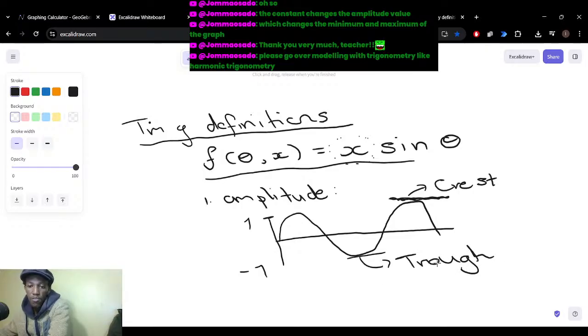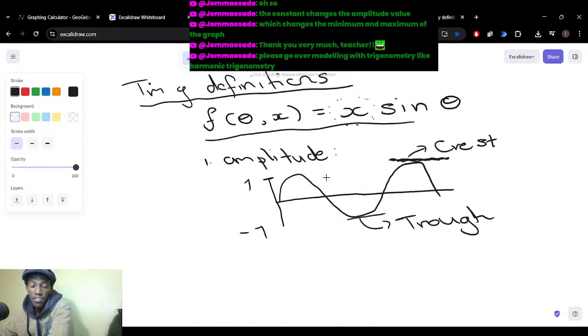Yeah, I think you spell it like this. So what is the amplitude of this periodic function? It is the half distance between the crest and the trough, between the maximum and the minimum. So you have 1 and -1. The difference between the two is 1 minus -1, which is 2.